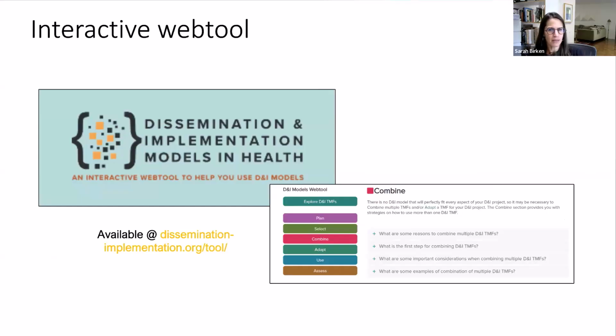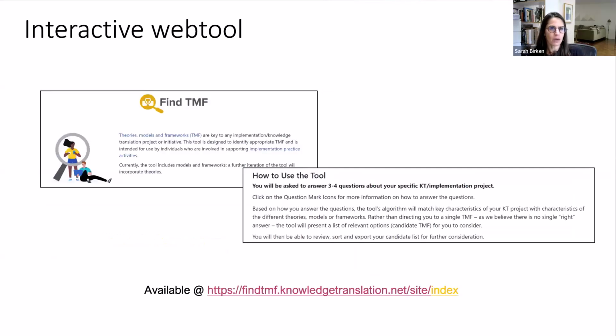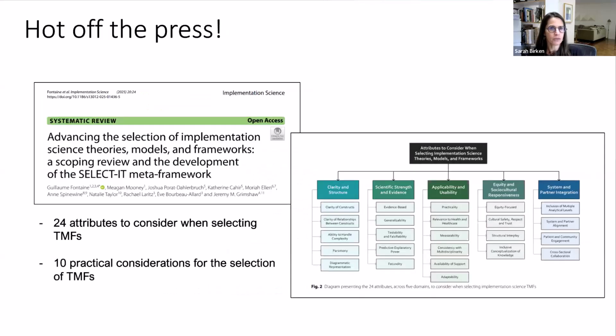It's a tool for thinking about the different things that you're looking for in a theory, model, or framework. But the best tool I think is available right now was just published earlier this year, and it's called the SELECT-IT Meta-Framework. It walks you through how to select a theory, model, or framework for your particular project. Highly recommend. This is the best that I've seen so far.